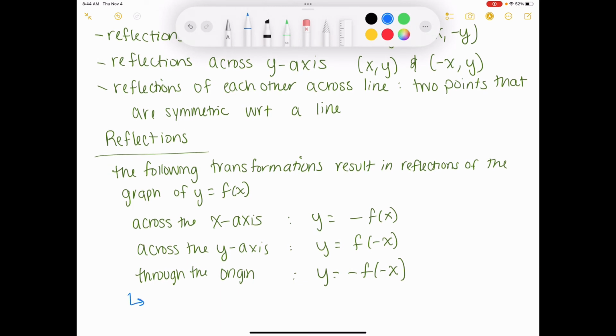Is there a lot more? Yeah, there's still stuff about stretches and compressions.